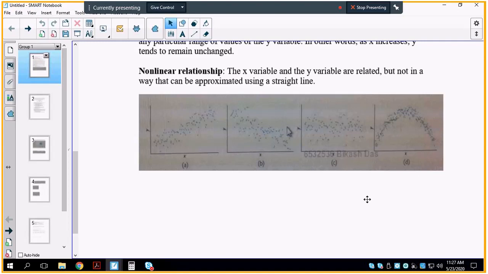This situation is called a positive relationship between x and y. Whereas in our second graph, the stream of points is falling down as we are going from left to right on the x-axis. So as we are increasing the value of x, our y values are decreasing. This is a negative relationship.